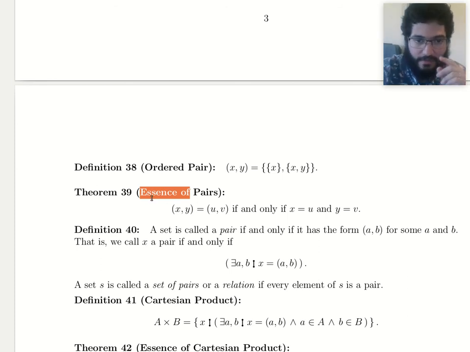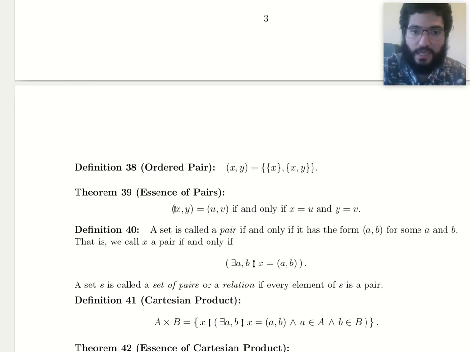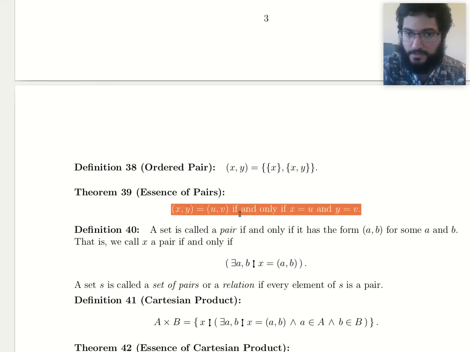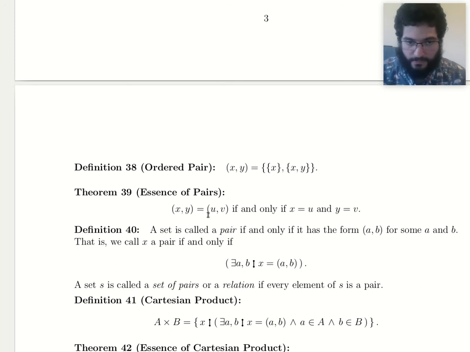So the fact that it says essence of here is suggesting to you that probably you shouldn't care that much about the definition. And this is the fundamental fact to use if you want to prove things about ordered pairs or use ordered pairs in some way in your proof.